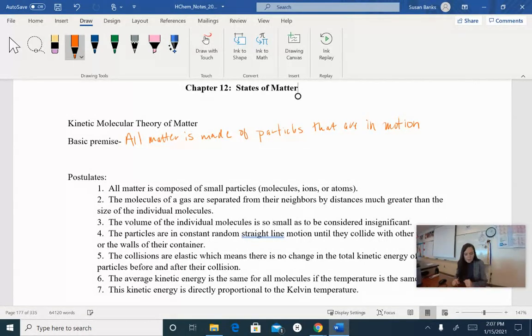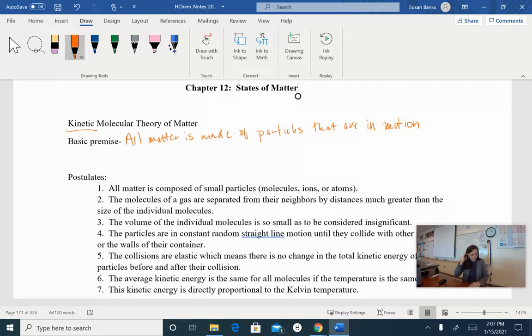Okay? Now, we take the name kinetic from the Greek. If you look at Greek, kinetics means motion. So we're thinking about molecules or atoms or ions that are in motion.